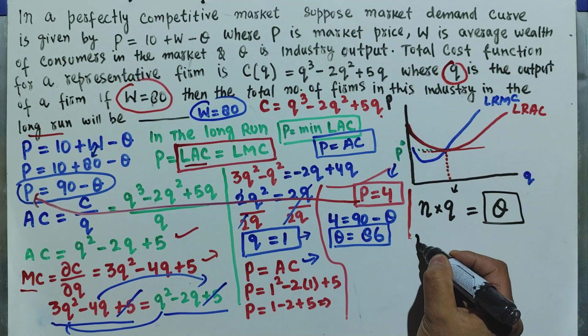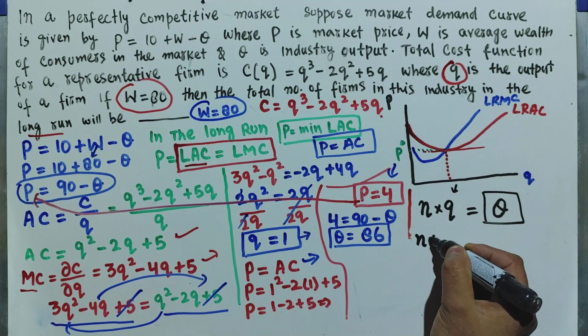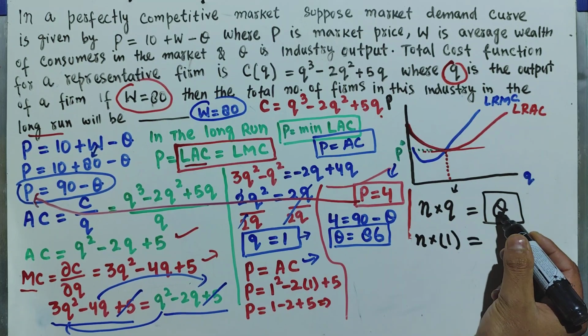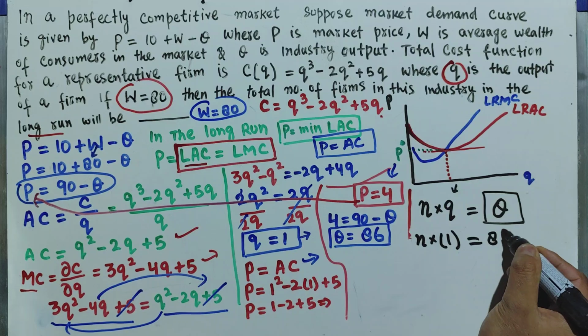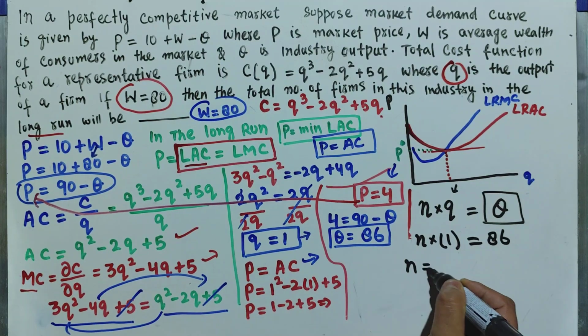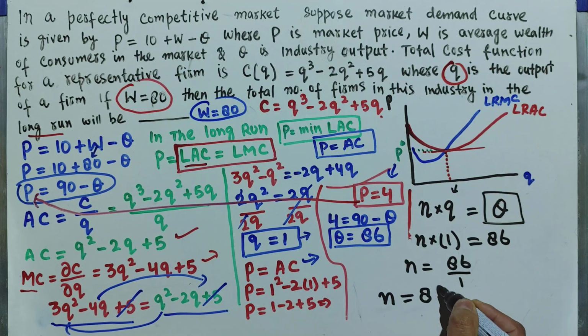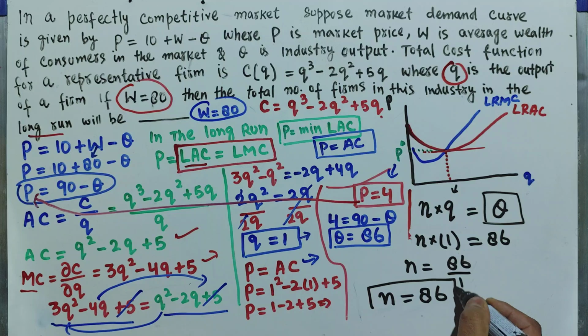So q we got as 1, and it should be equal to the industry output, which is 86. That means N will be equal to 86 divided by 1. That gives us the number of firms in the long run in this perfectly competitive market will be equal to 86. Okay, I hope I make myself clear in this video. Thank you.